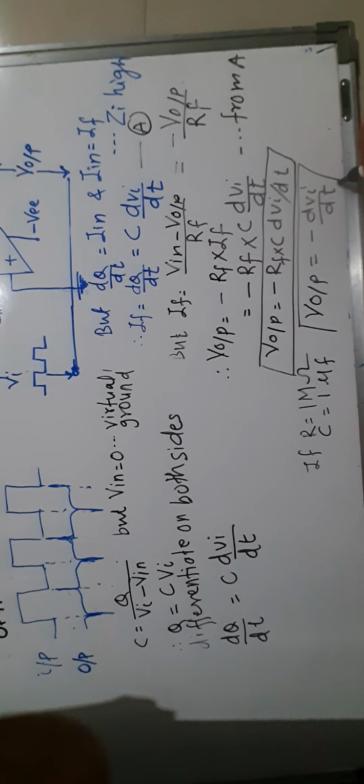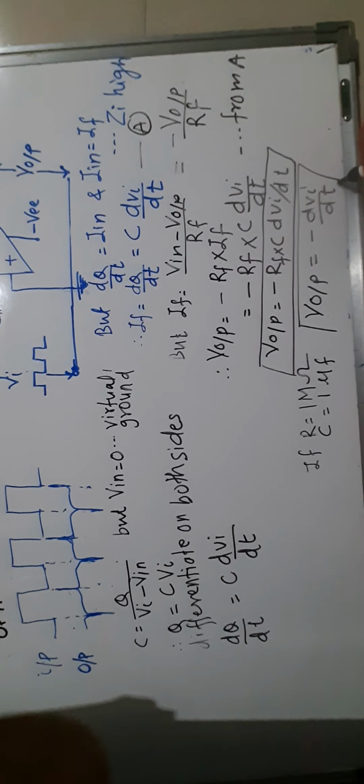Now note down the input and output. This is the output waveform of the differentiator. If you remember, this type of waveform is used in flip-flops. To avoid the race around or toggling condition, such a differentiator is used.